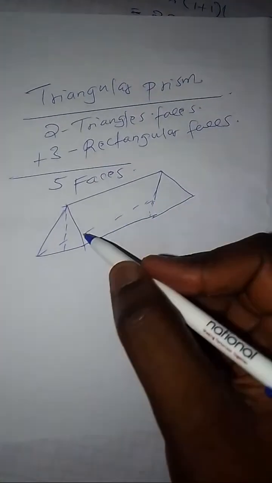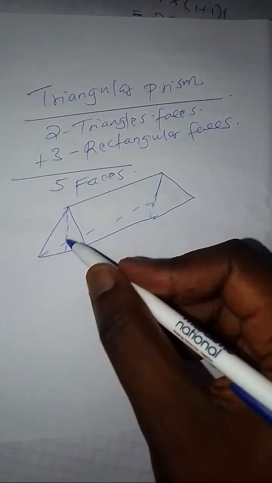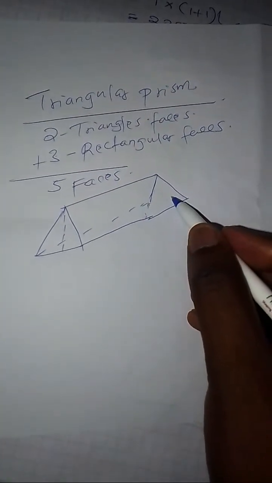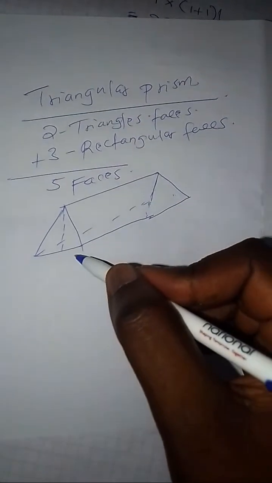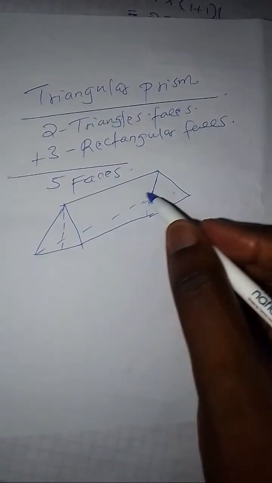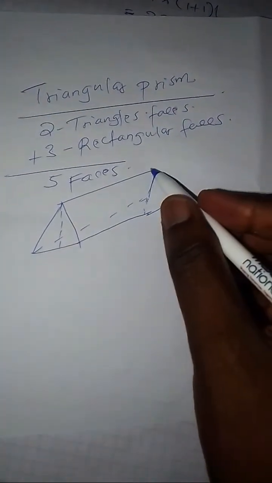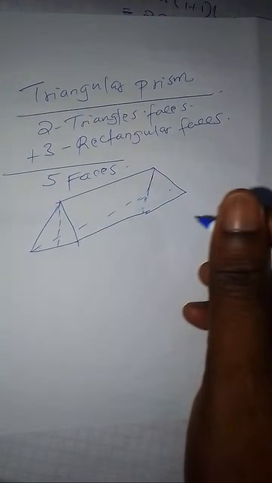How many triangular faces? 1, 2. Two triangular faces, the ones that I was showing you. And how many rectangular faces? These ones are the rectangular faces, like this one to this one.